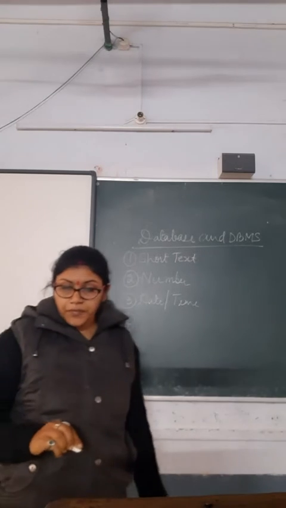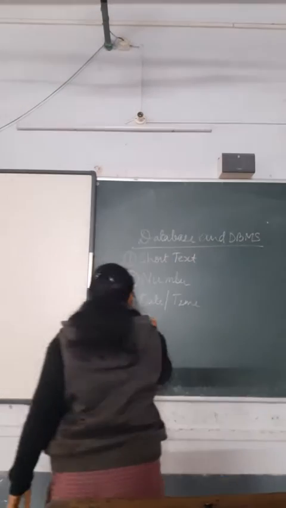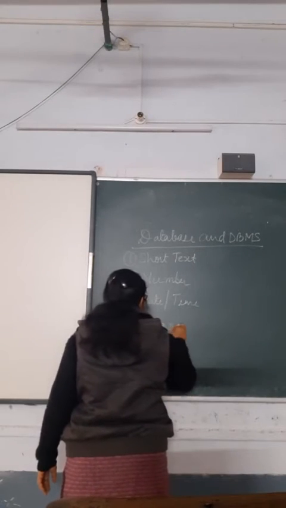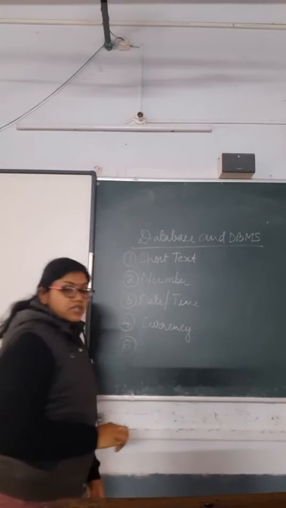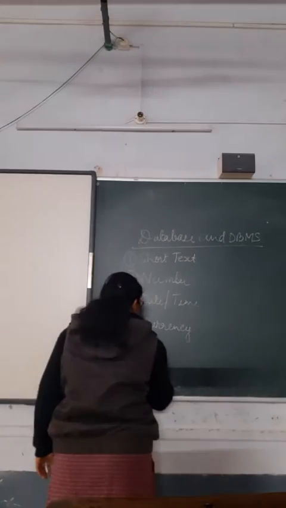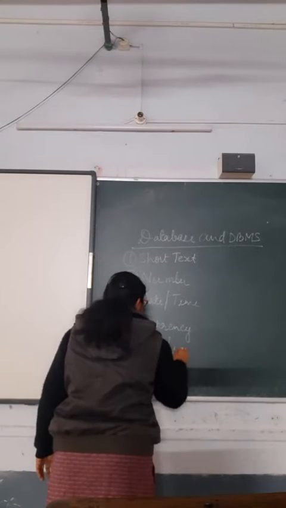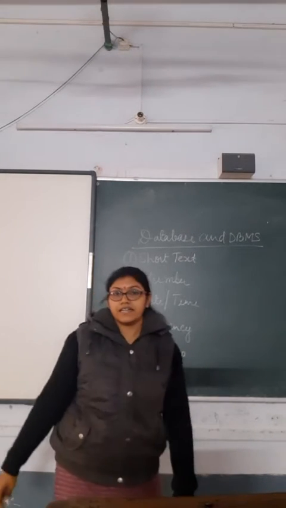Fourth is currency. And fifth is yes or no. This is the data type.